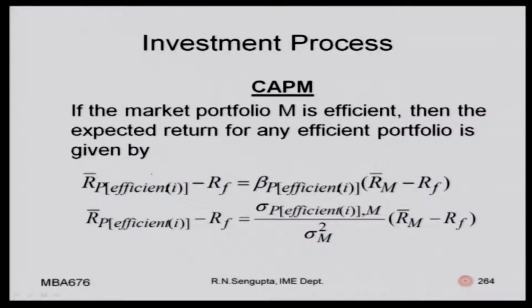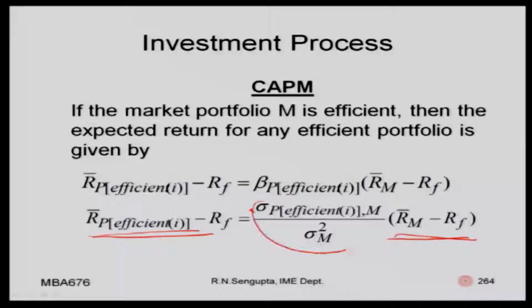So, if you come back to this formula, what you have is the excess return. Now, in this term, the ratio is the covariance existing between the so-called portfolio and the market, divided by the covariance of the market with itself, which is the risk. If this ratio is 1, it means the covariance of the portfolio with respect to the market divided by the covariance of the market with itself would be 1.